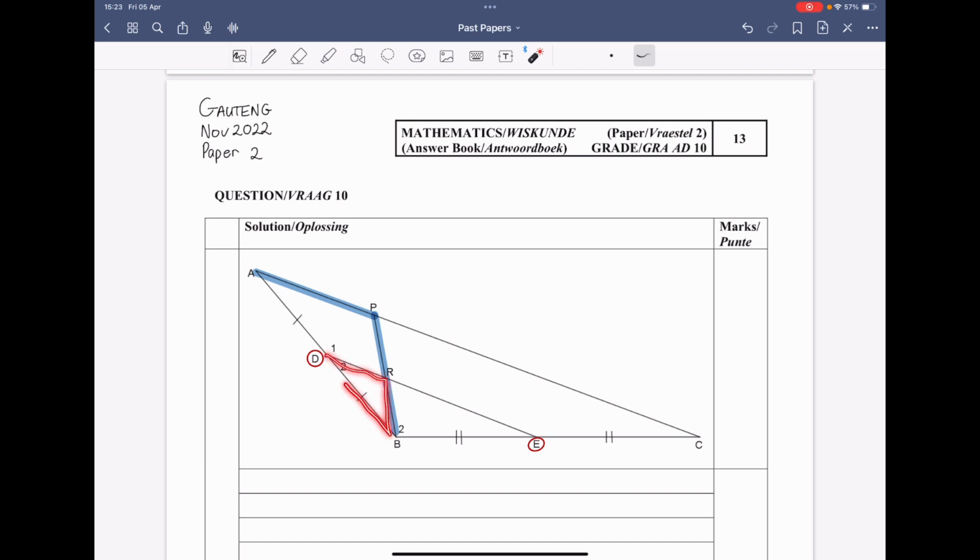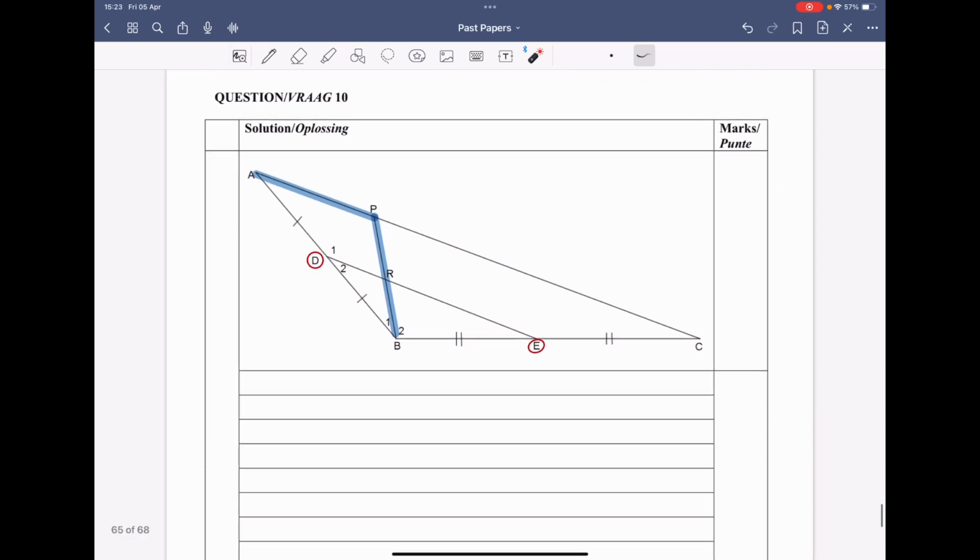This is RDB. So if I want to prove it's isosceles, I'm either going to prove that these angles are equal to each other, or that this RD is equal in length to BR. So first of all, I've got these midpoints D and E on two sides of a triangle, and they're being joined by this line DE.